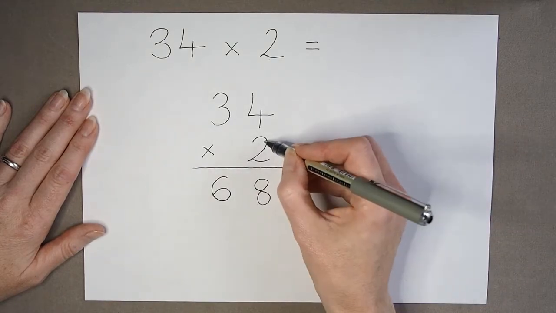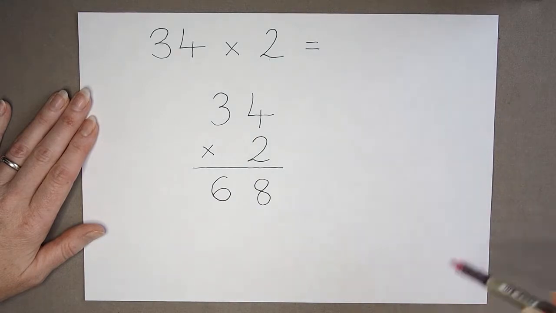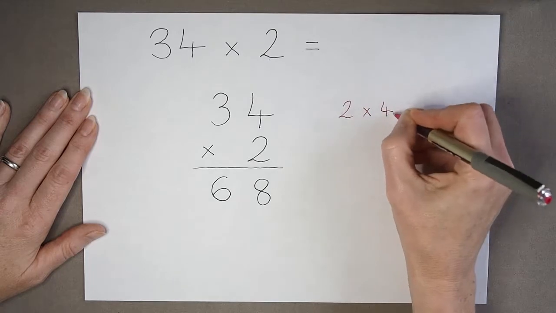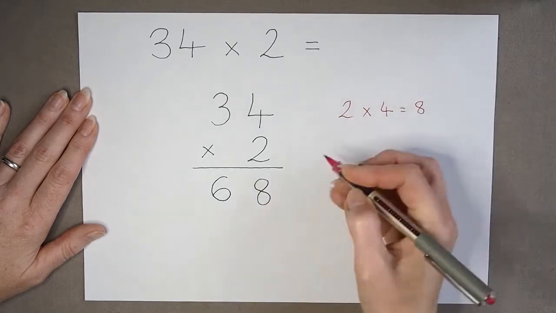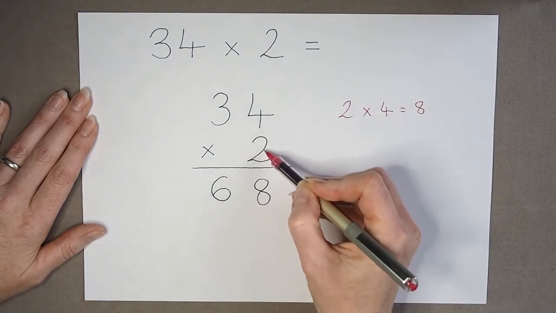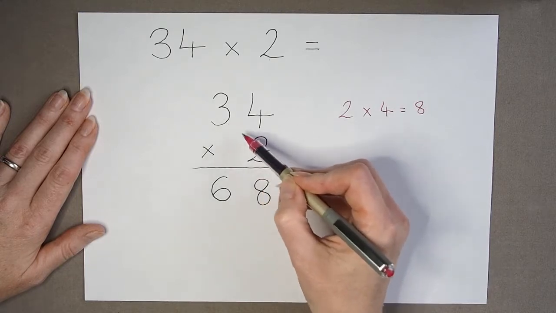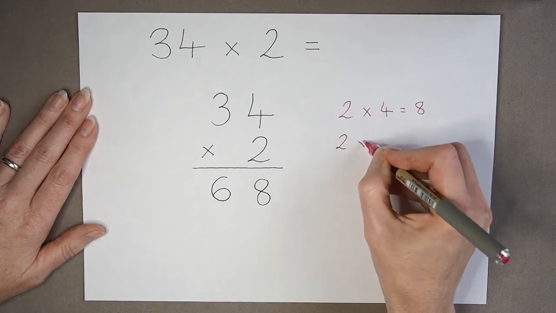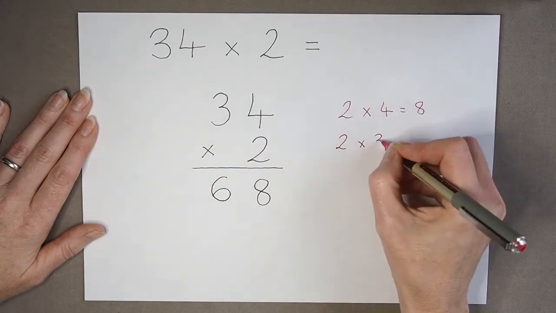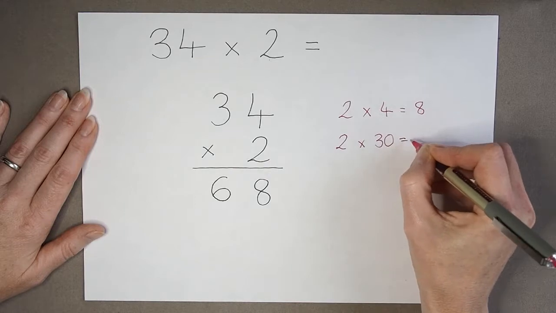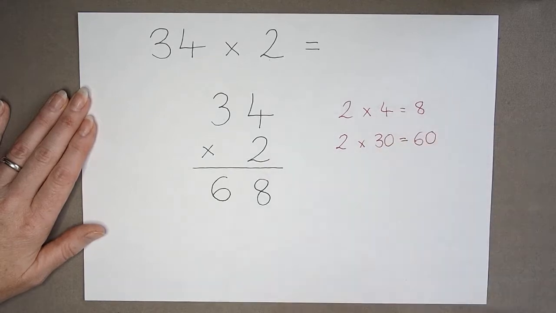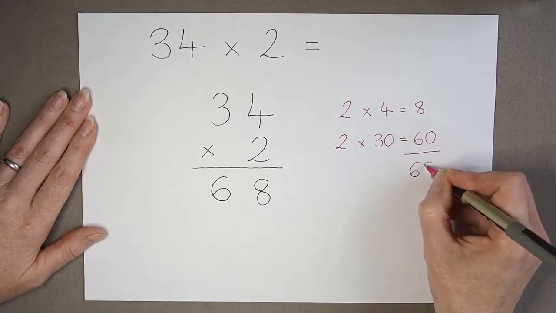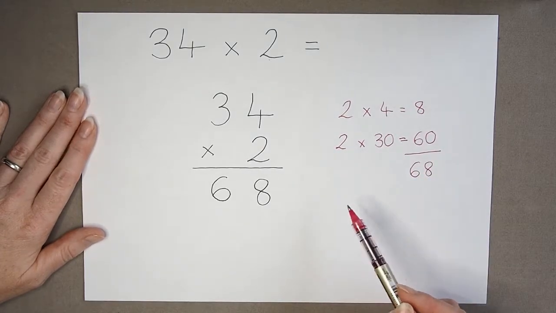So what we've actually done is we have said 2 times 4 equals 8. We multiplied the units together, and then we multiplied the tens together, and we said 2 times 30 equals 60, and then we had to add those together to get 68.